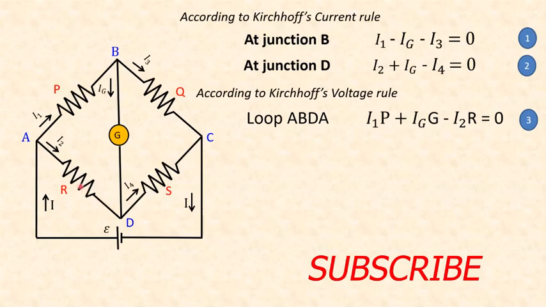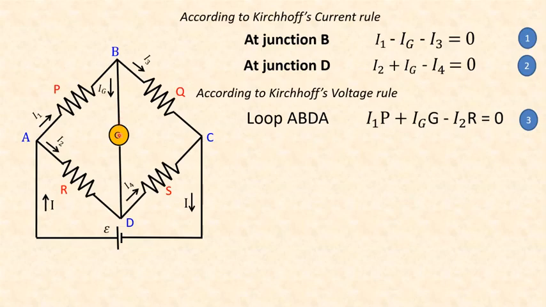And here R is the resistance and I2 is the current flowing. When we take the current flow to be in the clockwise direction, I1P will be positive, IgG will be positive, but I2R will be negative, and so it is I1P plus IgG minus I2R is equal to 0. That will be the third equation.